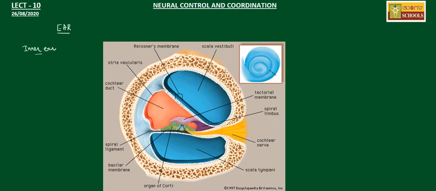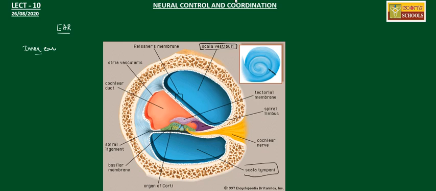When we take a transverse section, there are three channels filled with fluids. This is the scala vestibuli, as we have seen in the last session, and it is filled with perilymph.